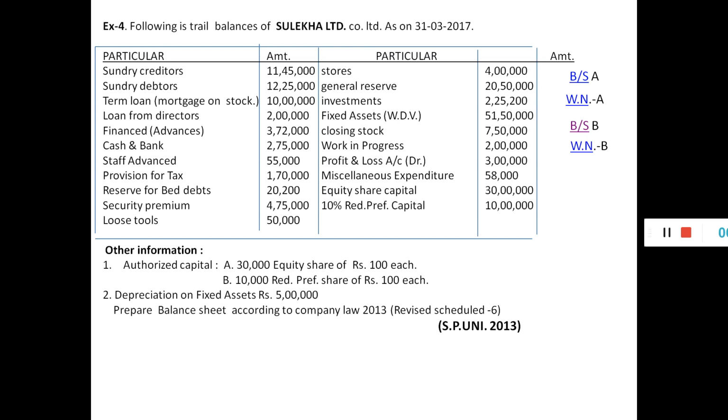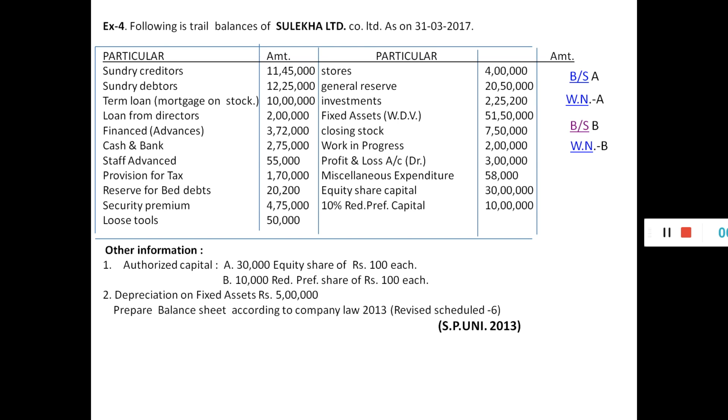Investments will be shown in the balance sheet under the note of 13, non-current investments. Fixed asset written down value, it will be shown in the balance sheet under the note of 12, non-current assets.